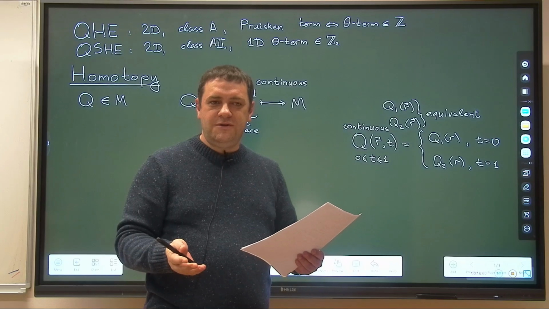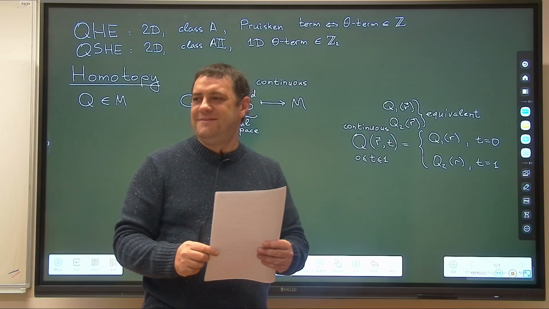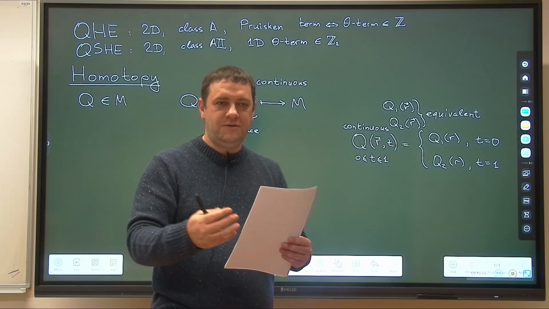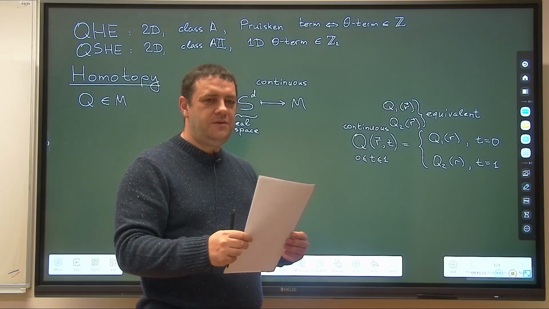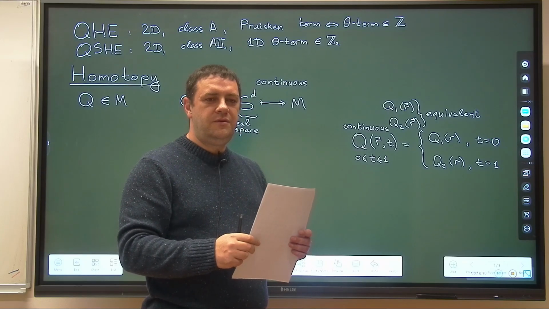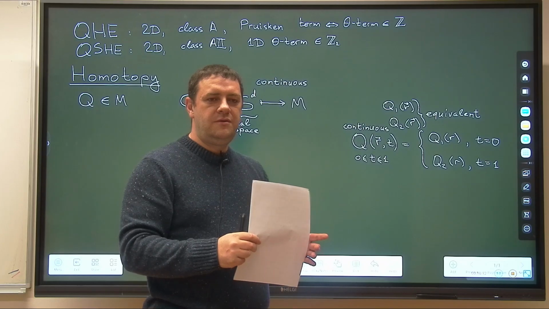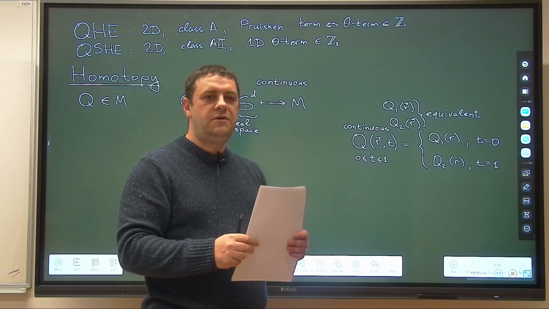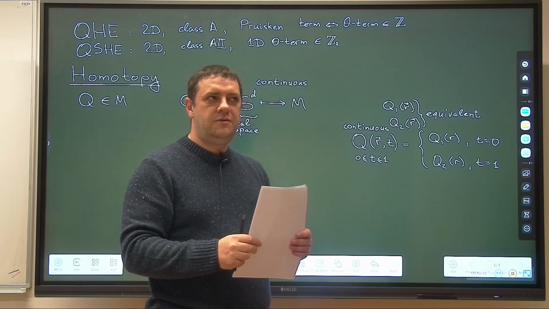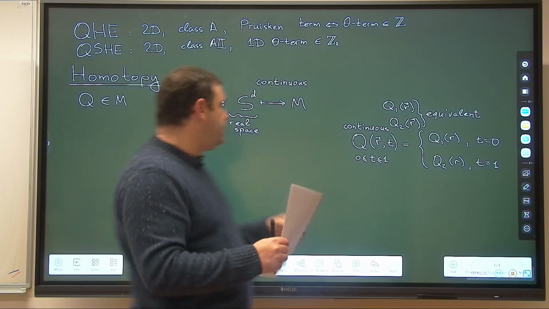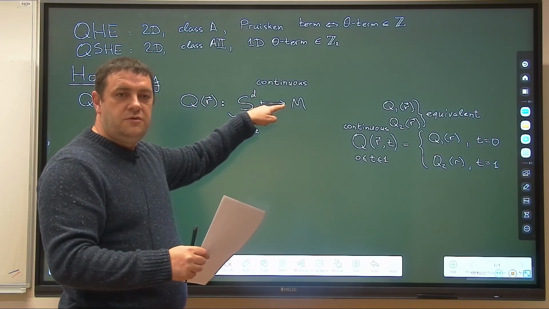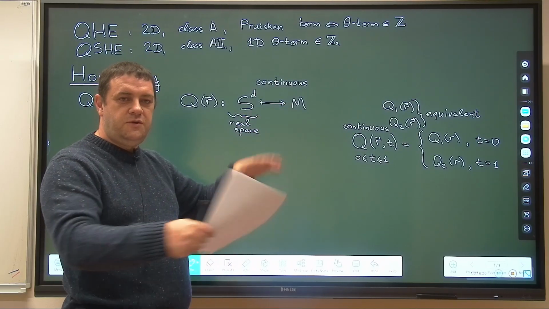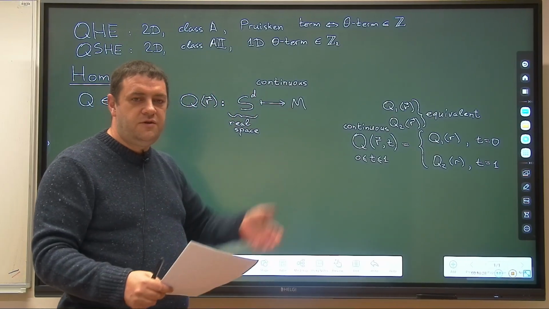If you are changing t slightly, the distance between two Qs at two different points of time will also be small. Limits to 0. But how to define distance? The distance is defined in the manifold. So it's a topological space, a continuous manifold. Actually, we have a metric there.